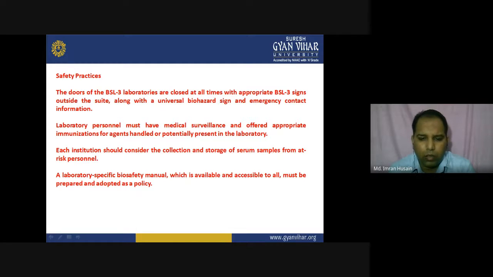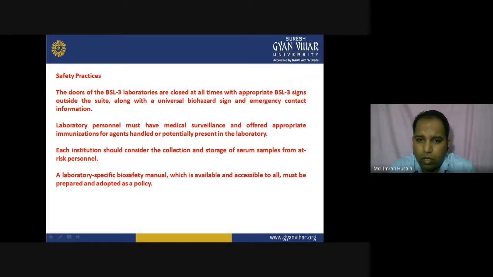So all the laboratory personnel who are working on those contagious pathogens should also receive a very good level of vaccination, immunization, and medical surveillance because they are performing dangerous experimentations on those pathogens.